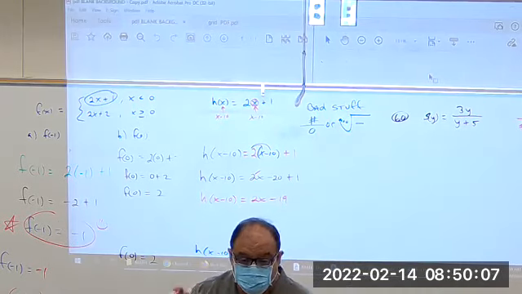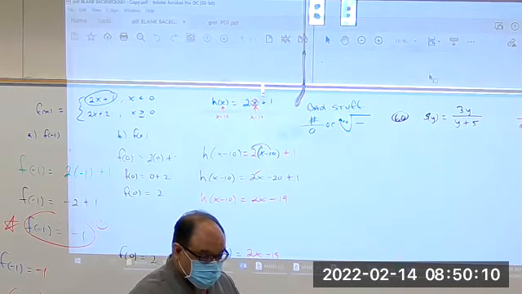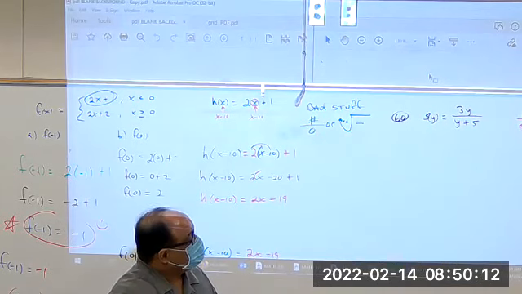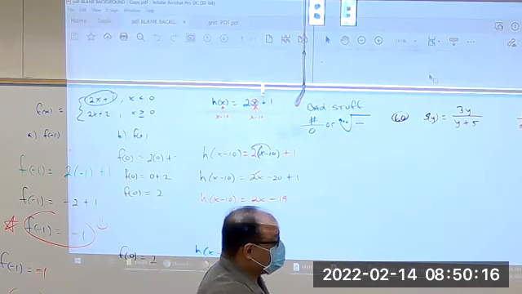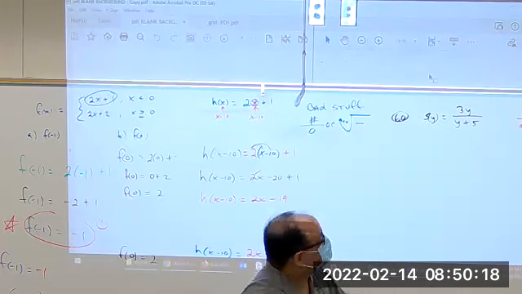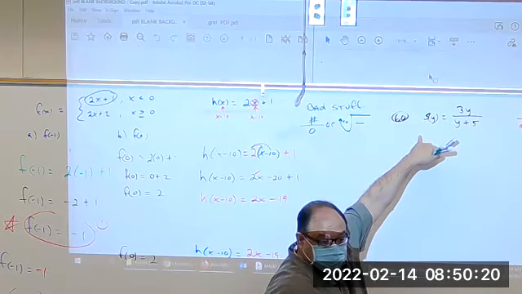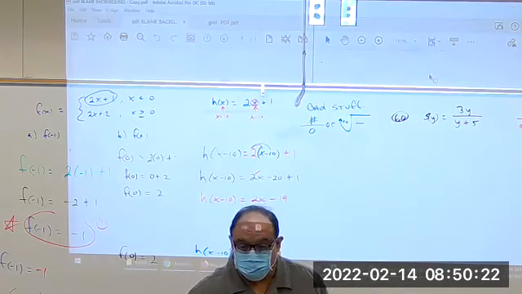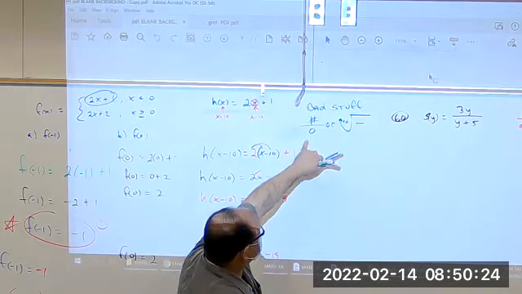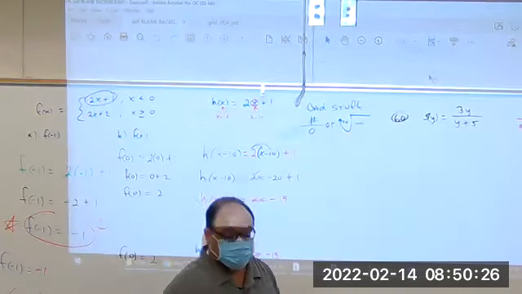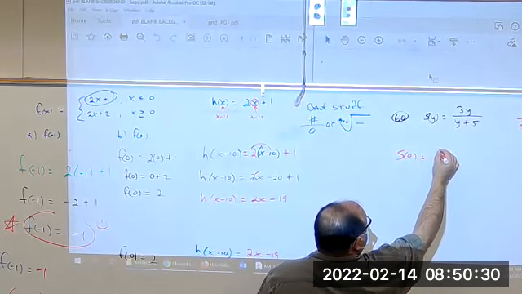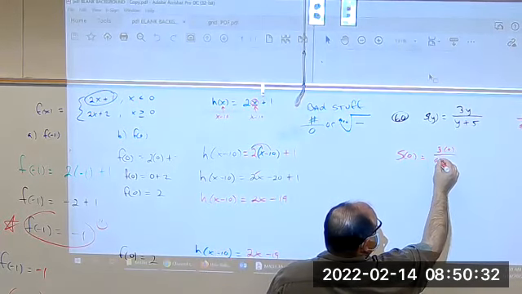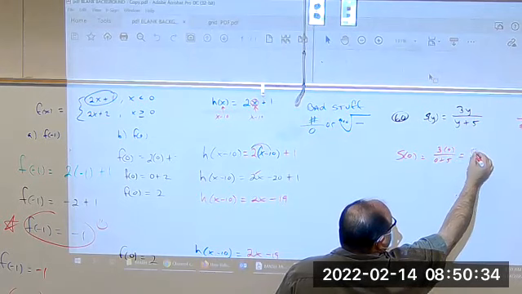You get to learn from the other class on the stage. They looked at the numerator and just went, oh, y can't be 0, and walked away. But if I go s of 0, I get 3 times 0 over 0 plus 5, which is 0 over 5.